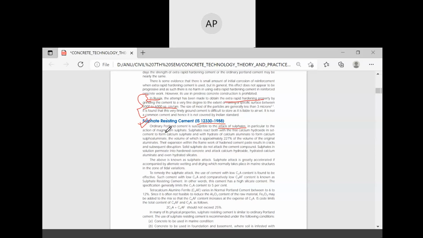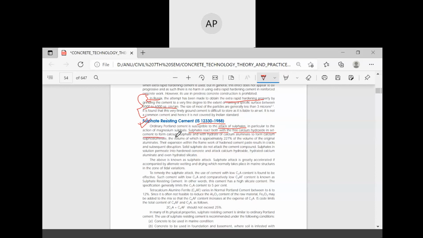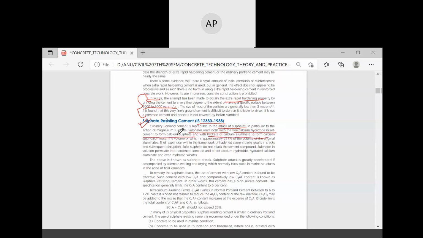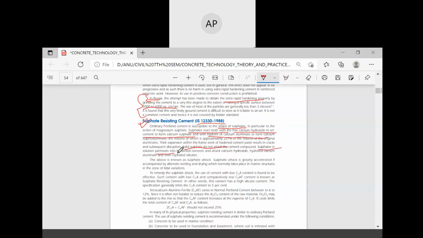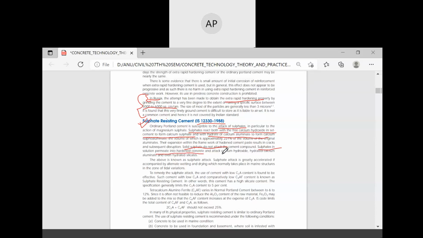In particular, magnesium sulfate reacts with the free calcium hydroxide in cement to form calcium sulfate, and hydrates the cement aluminate to form calcium sulfoaluminate. Solid sulfates do not attack the cement compound. Sulfates in solution permeate the concrete and attack calcium hydroxide and hydrated calcium aluminate. This is known as sulfate attack.